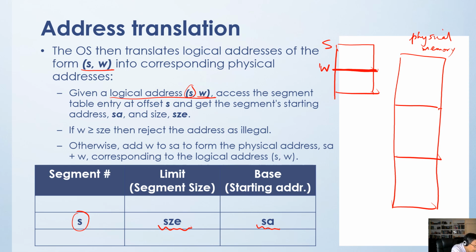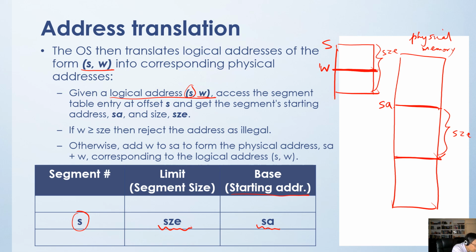So the segment table basically tells you the starting address, SA. This is where this segment is located in the physical memory. And the size basically tells you the size of this segment.